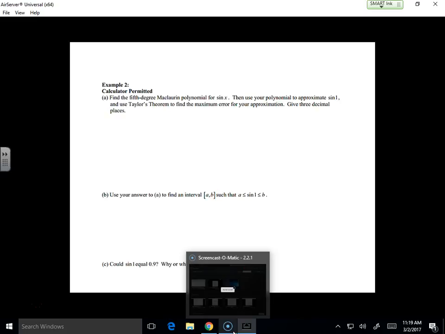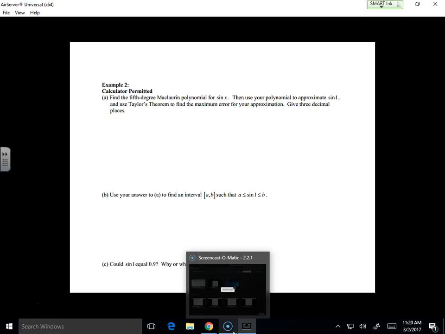Example number 2 in your worksheet. Nice thing is calculator is permitted, so we're going to be actually finding decimals. It says to find the maximum error. We can say the maximum error equals. We're not going to be saying less than. We're going to be saying equals for letter A.